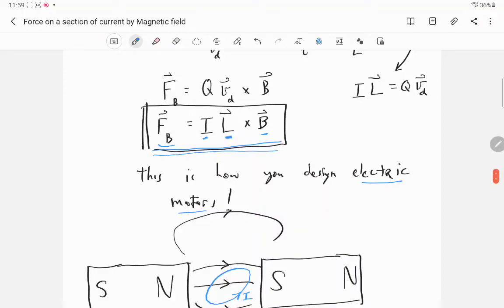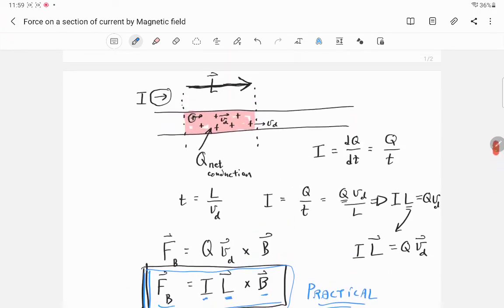But this formula right here, this relationship, is a nice, useful, practical way to understand the relationship between force and magnetic field. But this is in the context of a current carrying wire, or a length of a current carrying wire, right? So it's very practical.